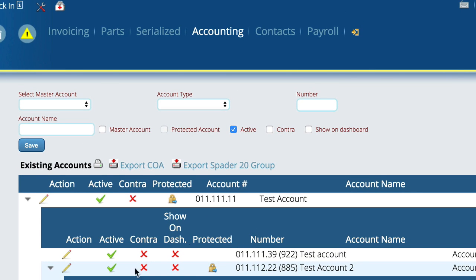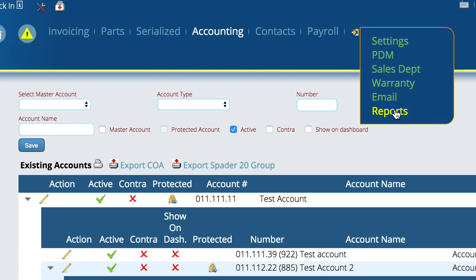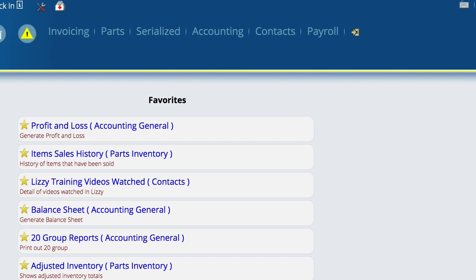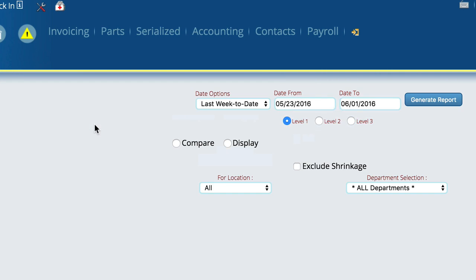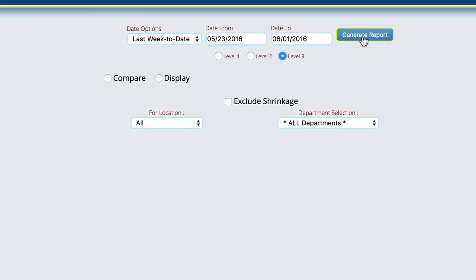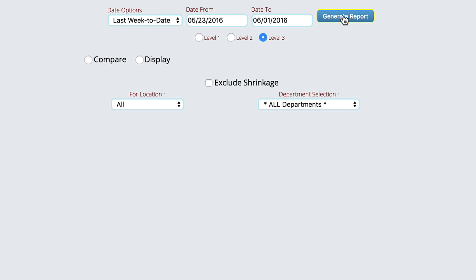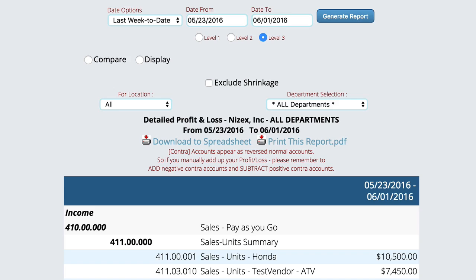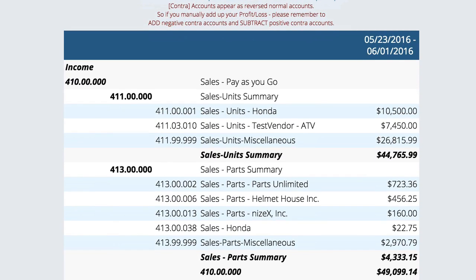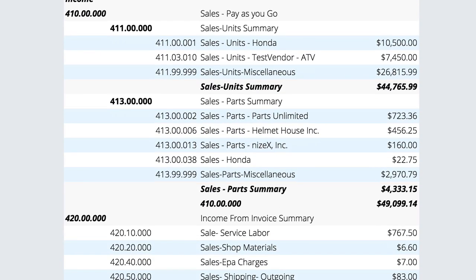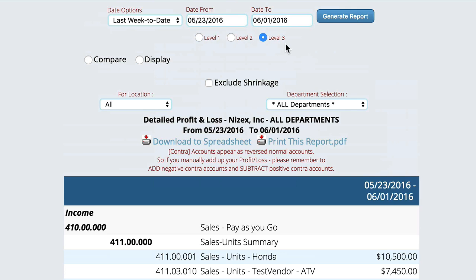So what it basically does is it allows you, through the reports module or through the chart of accounts module, to control the way the P&L is going to look, so that when you're running a level 3 P&L, it's going to be grouped the same way that you had grouped your chart of accounts. So having said that, we have our level 1, 2, and 3.